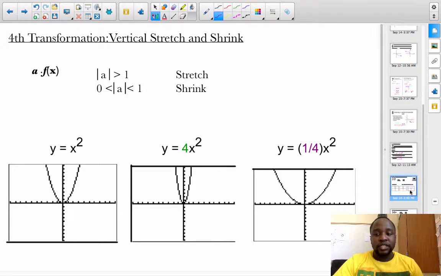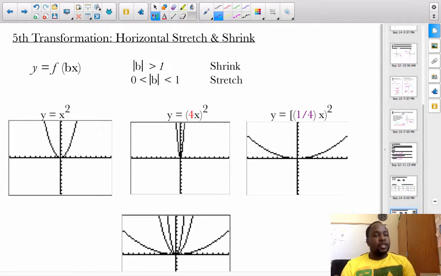So the fifth transformation is horizontal stretch and shrink. This is y equals f of b times x. Here, when we have y equals 4x squared, if we look at it horizontally, it's shrinking horizontally.